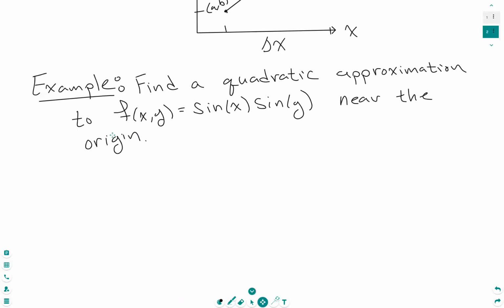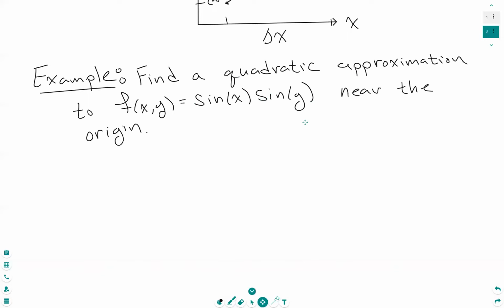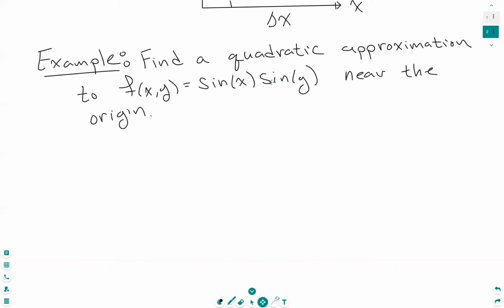So near the origin implies that our Taylor series is centered there at the origin. So we're going to try to come up with a quadratic approximation. So it should have all powers of x and y that go up to the quadratic terms.